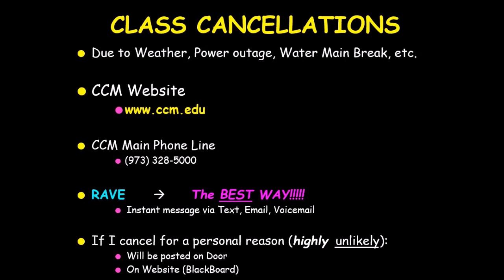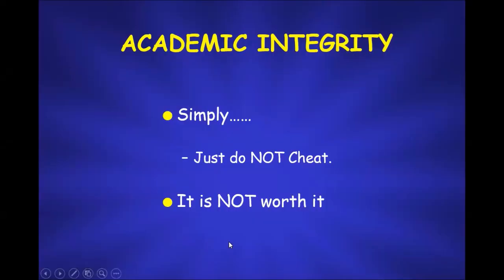So yeah, Rave is the best way to do that. I'm not going to cancel. Again, this is really for my live students. I'm not too sure what your lab professor is going to do if she cancels for a personal reason. Ask her for that. Okay.